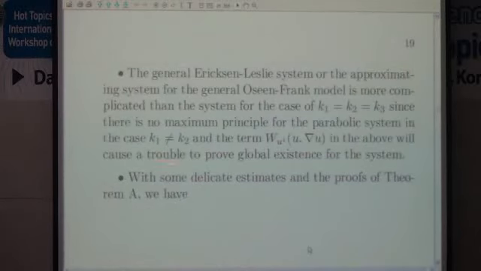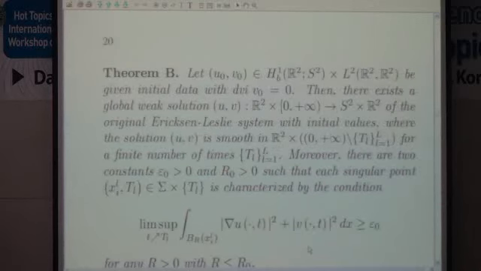So in the second part of my talk, I will use an idea: first the theorem, then with some results I can prove. So this is Theorem 2. You have u and v, two vectors, right? If u belongs to H1, v belongs to L2, and satisfies divergence of v equals 0, then I can prove I have a global solution for all T for the system.